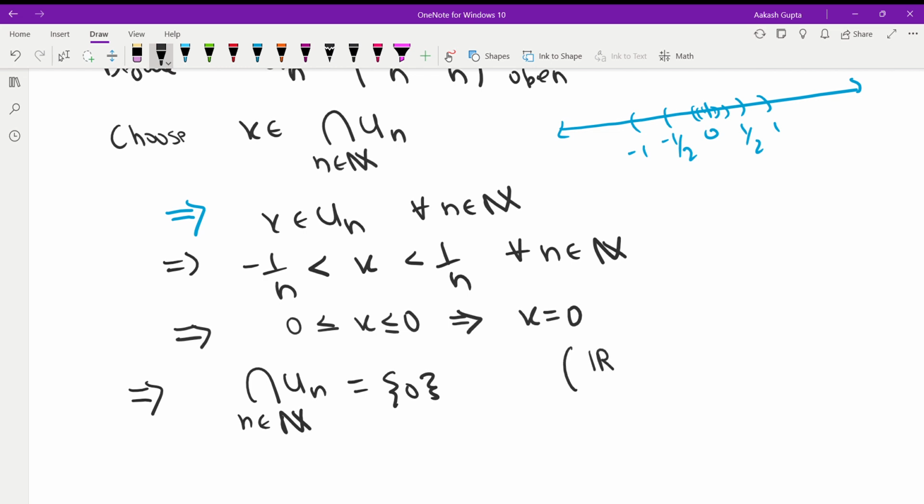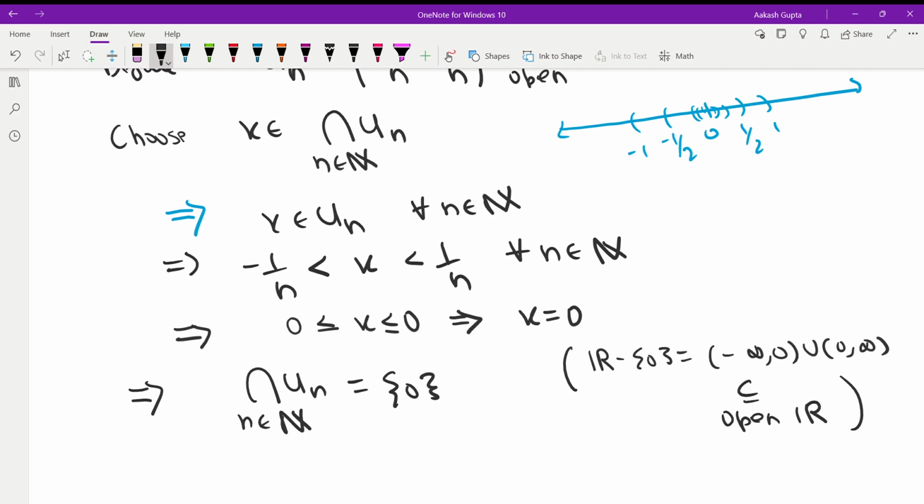So you know, what is R minus 0, the complement of this? The union of these two open intervals. This is clearly open in R, right? Of course, we will be using the things which we already know from metric spaces. You can apply any result whenever you have a metric space.